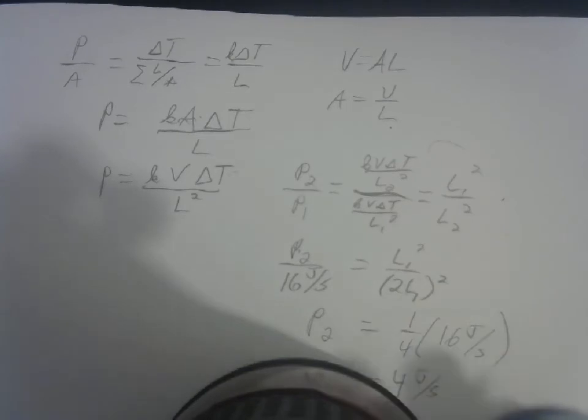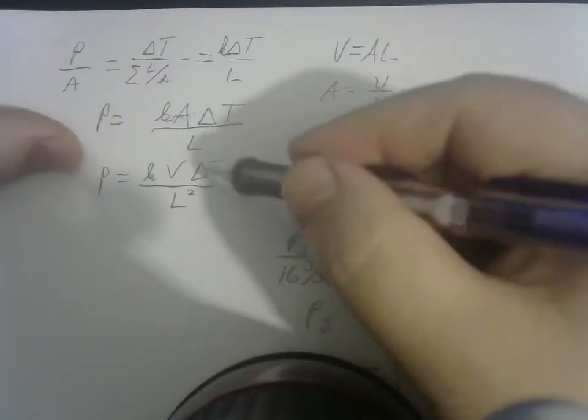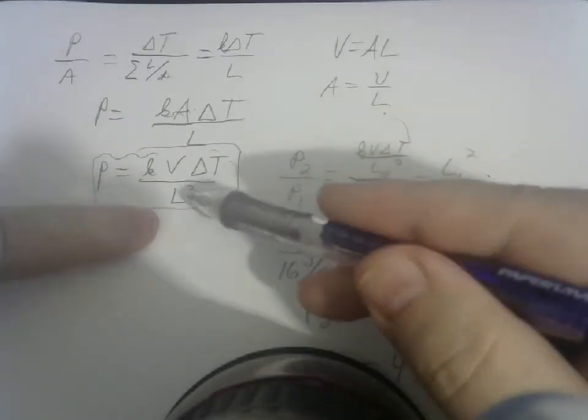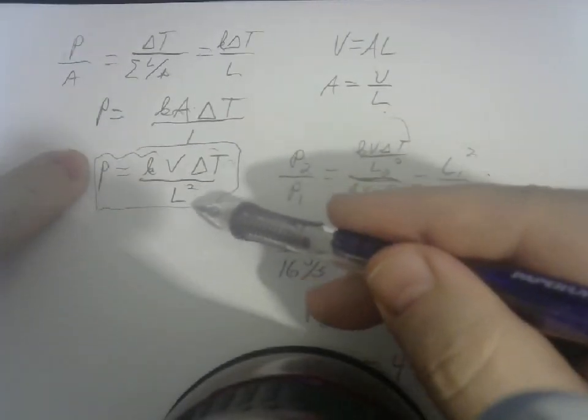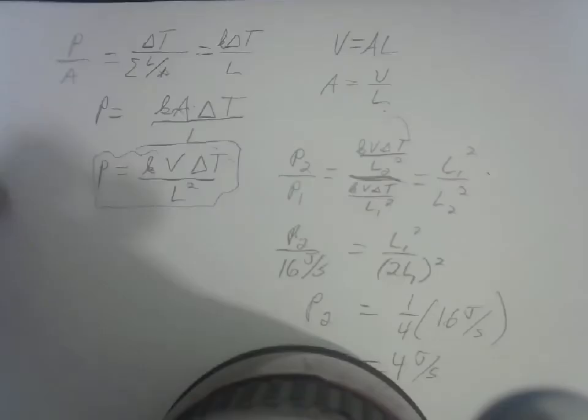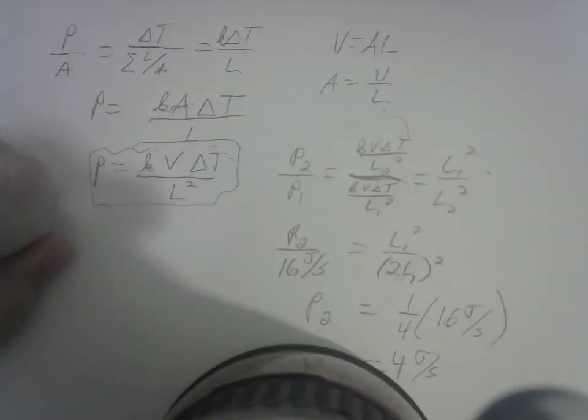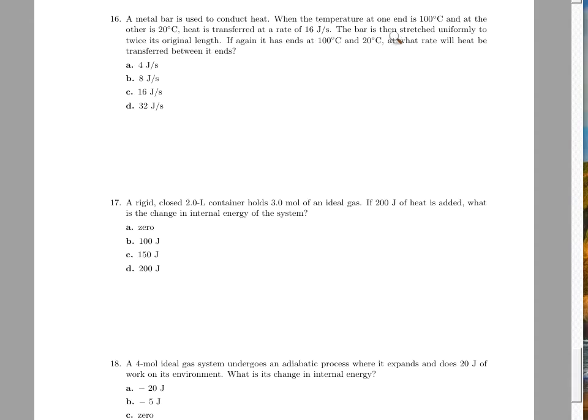Now, nothing's stopping you from answering that question from here. Once you see that this is a constant and that the power is inversely proportional to the square of the length, and you know the bar is stretched uniformly to twice its length, then it makes sense that it goes from 16 to 4.